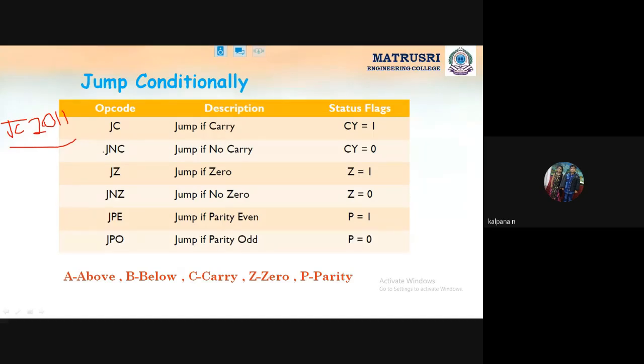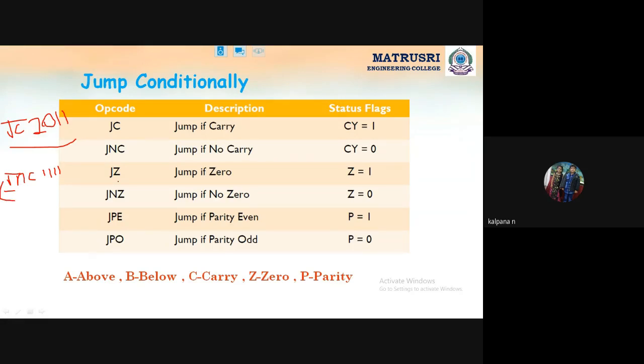Second, JNC, jump if no carry. If there is no carry, then jump to 1111. The cursor will check the carry flag. If the carry flag is equal to 0, it will jump directly to 4111. Otherwise, it won't jump, and the next instruction will be followed.